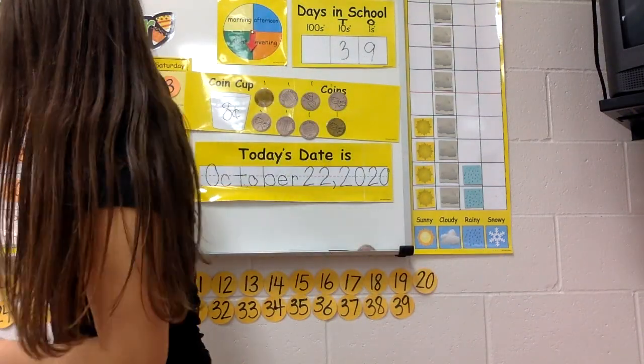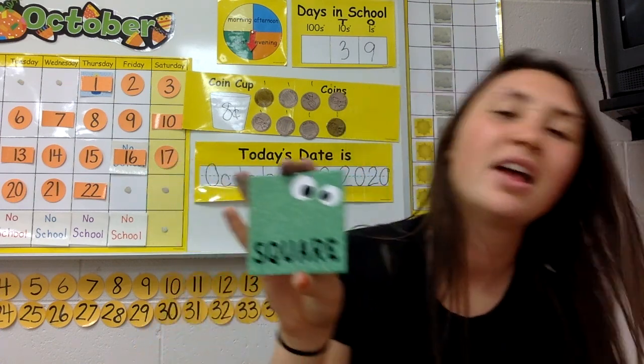Let's talk shapes real quickly before we end math meeting. How many sides does a square have? 1, 2, 3, 4, right? 4 sides in a square.